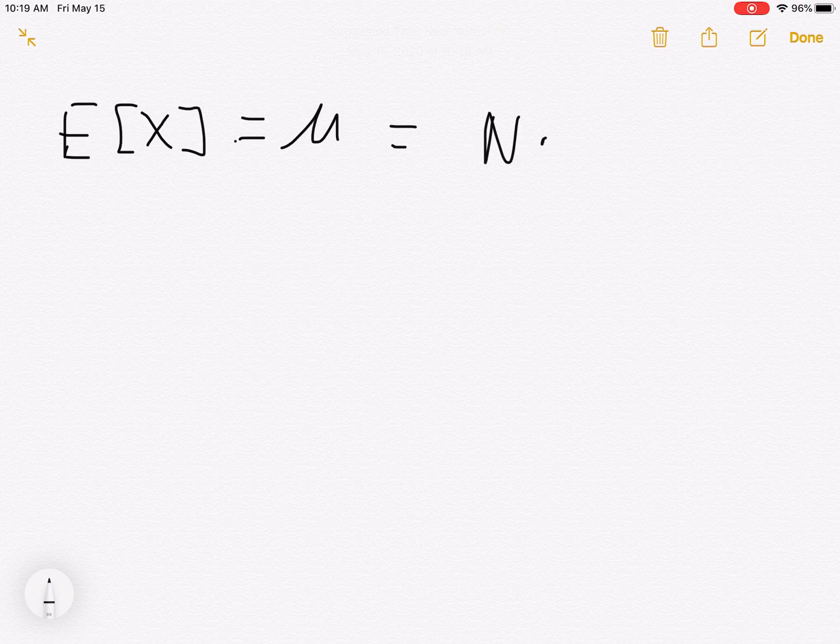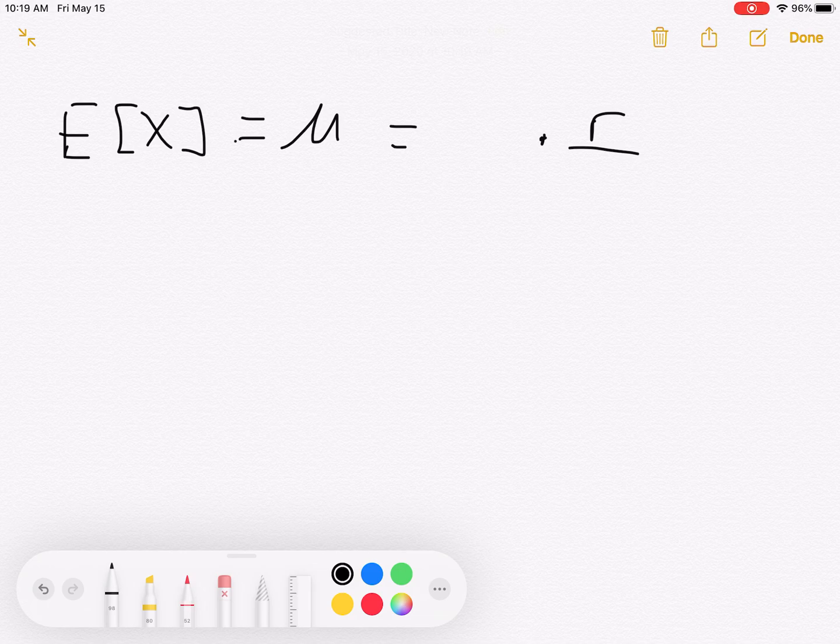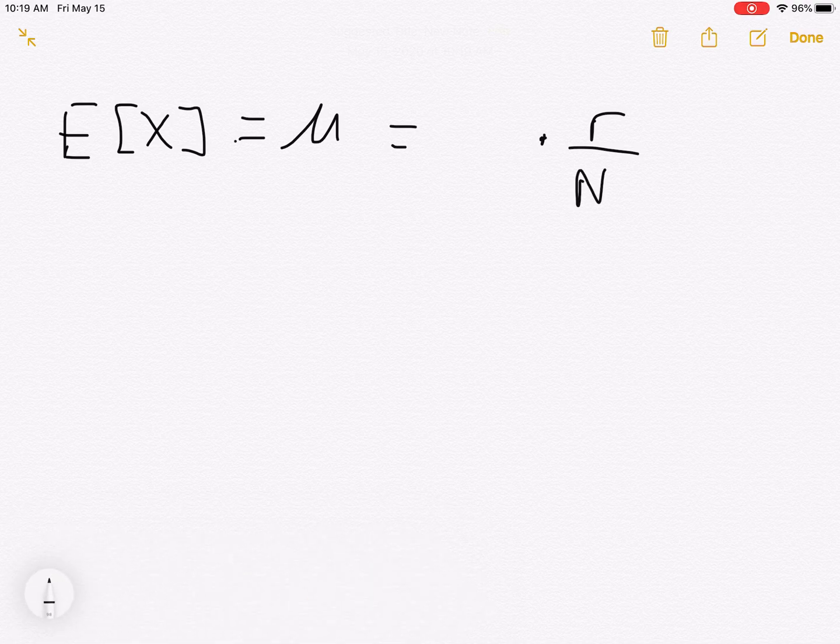The mean, E of X here, is going to be R over N times M. Okay, and this is slightly different because I use different variables than what's in your textbook.